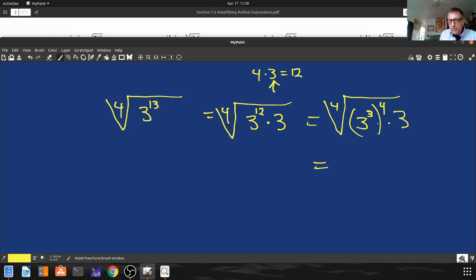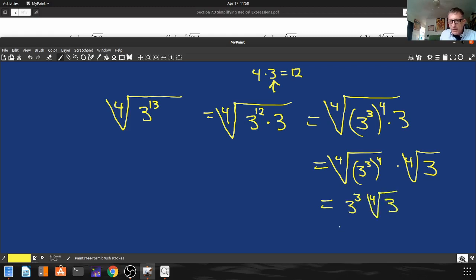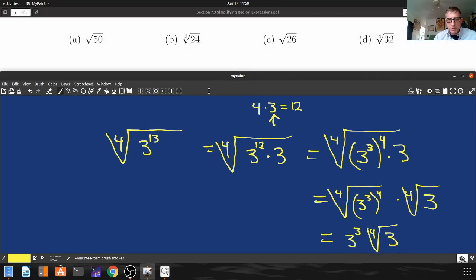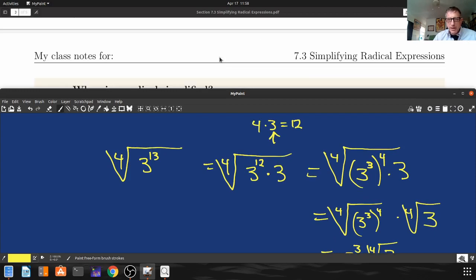The 4th root of 3 cubed to the 4th times the 4th root of 3 becomes 3 cubed times the 4th root of 3, which gives me 27 times the 4th root of 3. So that was just one I made up. I'm pretty sure we'll be seeing similar things later on.